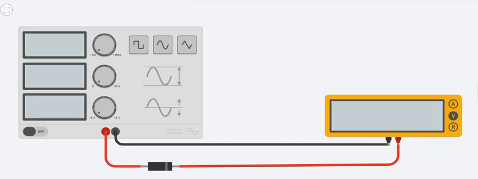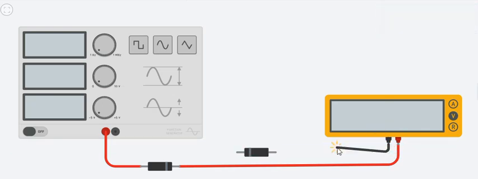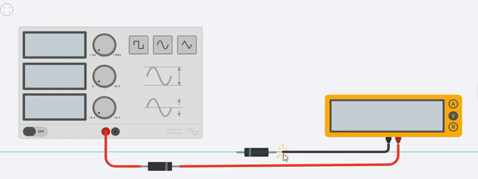Now, by the time we rectify the other side, we'll be able to have something more meaningful. Why? Because the diode is taking the voltage, is making the voltage appear more DC than AC.